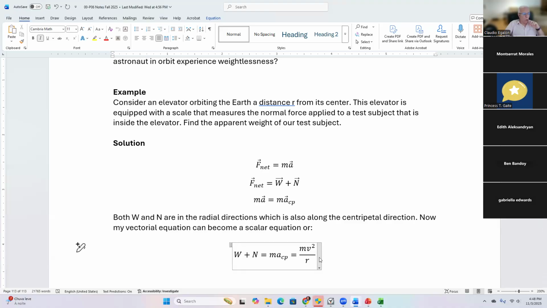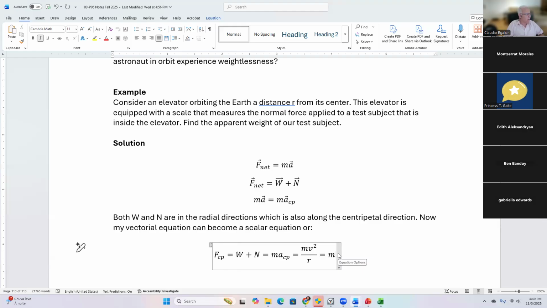We also know that, and by the way, let's put here, here is going to be centripetal force, okay? What you have here is centripetal force. And the centripetal force, we also know, is going to be given by the mass of the object, the mass of the astronaut, right?